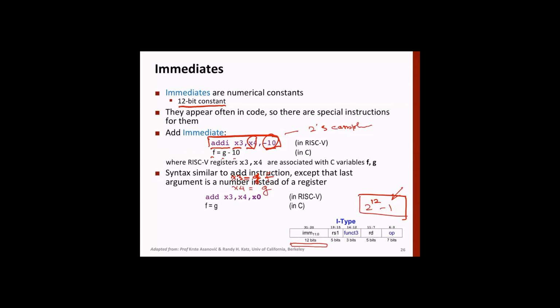So basically, add immediate is very similar to add, except that one argument is a constant value, which is minus 10. Had it been add, then it would be x3, x4, and some other register here. In case of add, we have x3, x4, x0, for example. Any question?